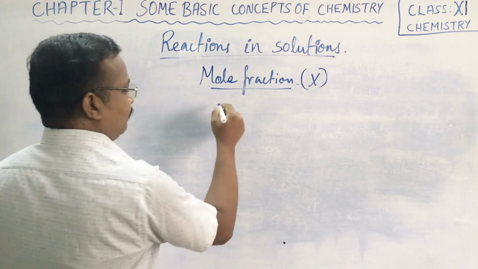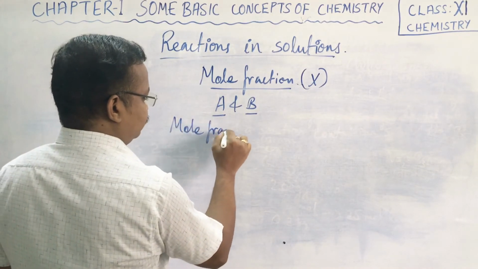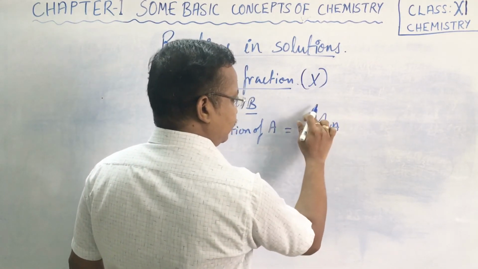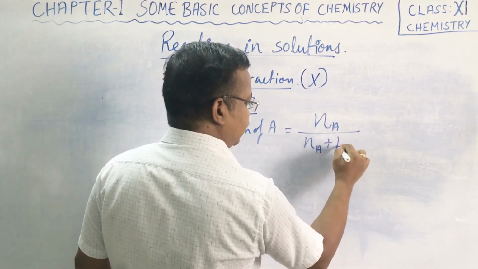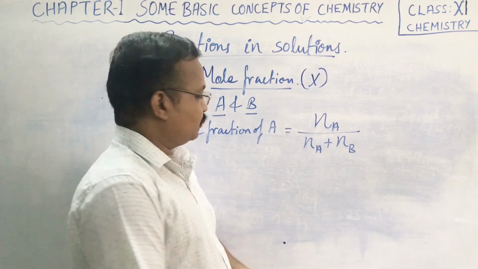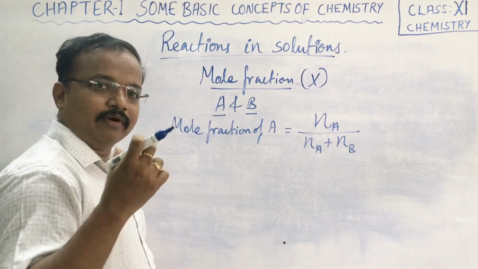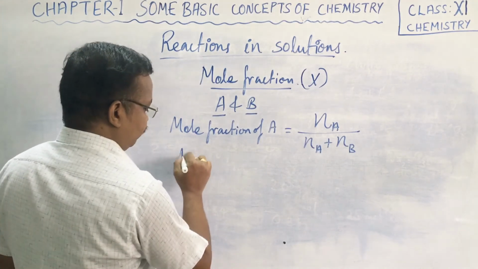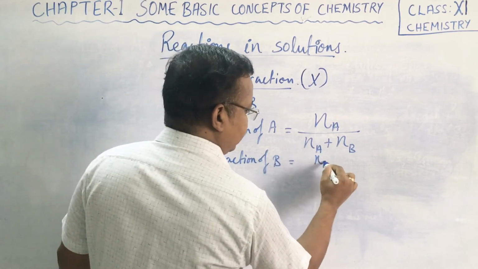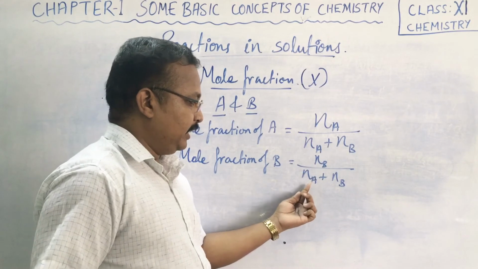In a binary solution we have components A and B. The mole fraction of component A is equal to number of moles of A divided by number of moles of A plus number of moles of B. Here nA and nB are the number of moles of A and B. So the mole fraction of A means the number of moles of A divided by the total number of moles of components A and B. Now, the mole fraction of B is equal to nB divided by nA plus nB, the number of moles of B divided by the number of moles of A plus B.